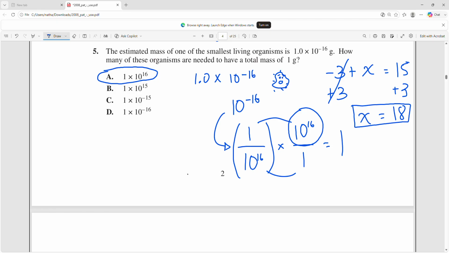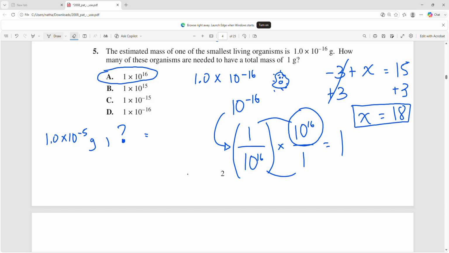Let's say I tell you I have something that weighs 1.0 times 10 to the negative 5 grams, and I ask, how many organisms would I need to equal, let's just do 1 for now, let's keep it simple, to equal 1 gram. Okay, so I know I've got 1 times 10 to the negative 5, or now I could write it as a fraction. That was one way.